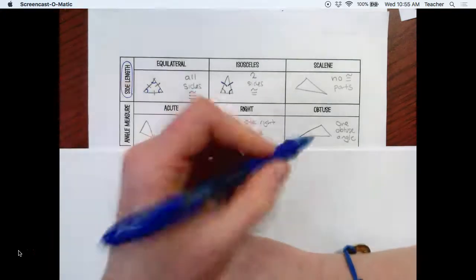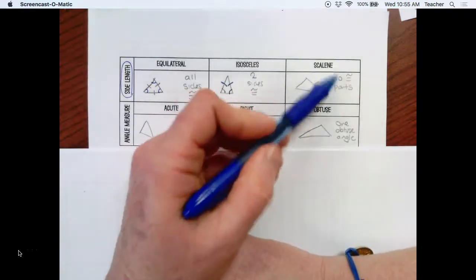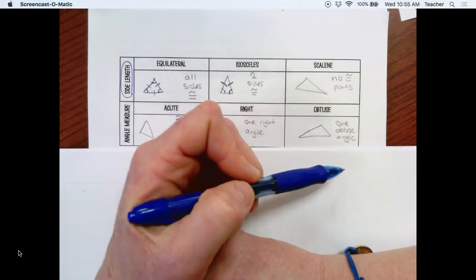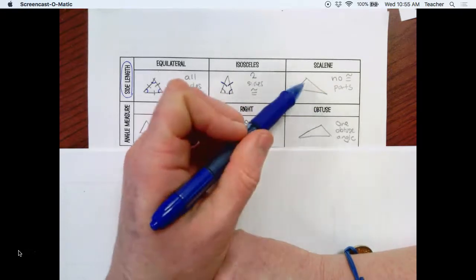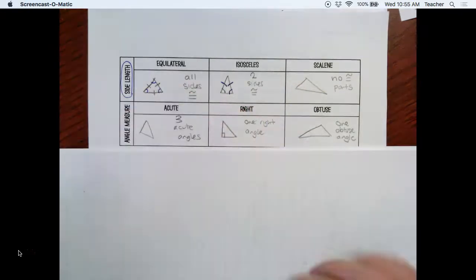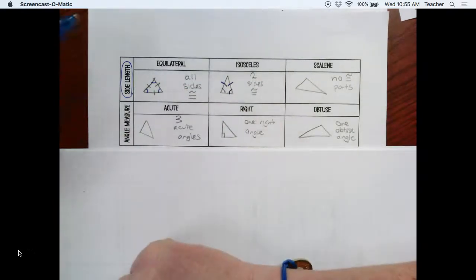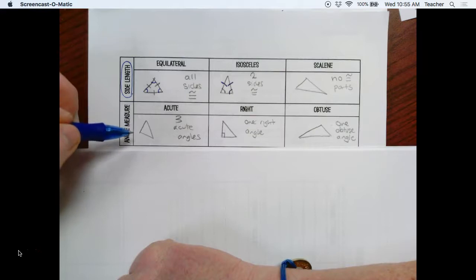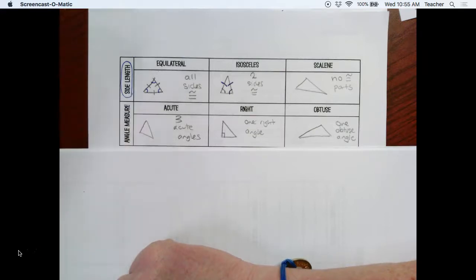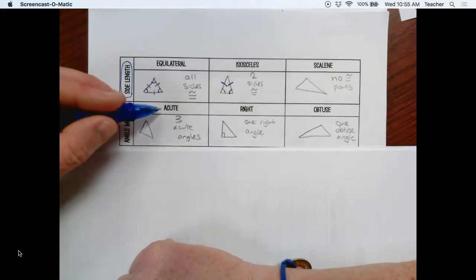Okay. A scalene triangle means no parts are congruent. They are all different. Now, if you want to classify a triangle by angle measures, if we have three acute angles, then we call it an acute triangle.